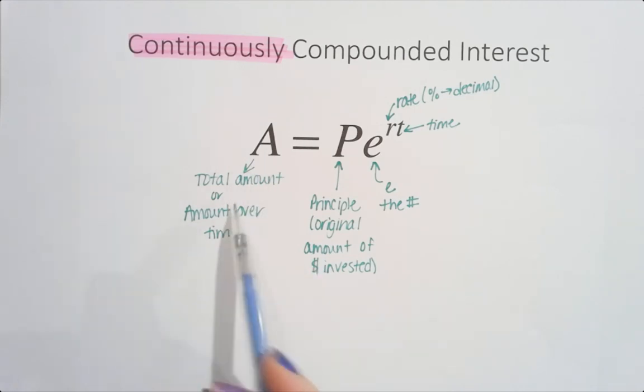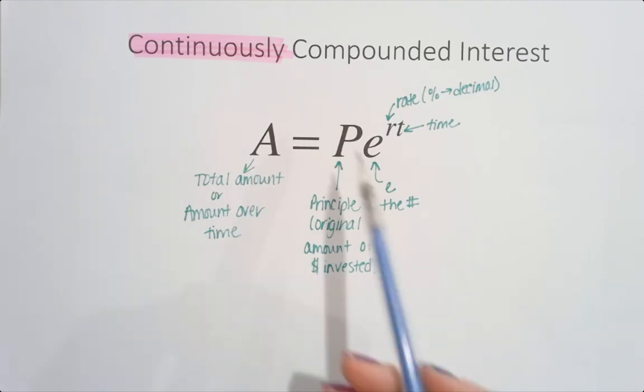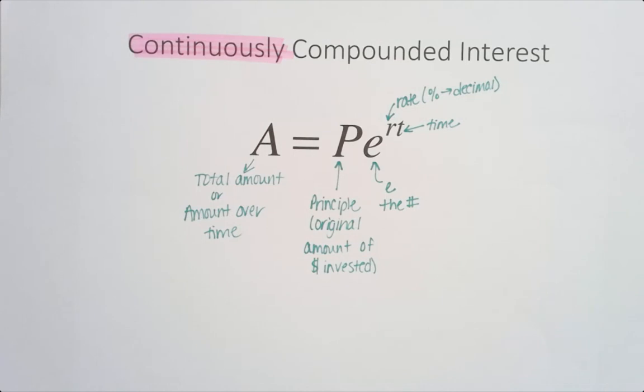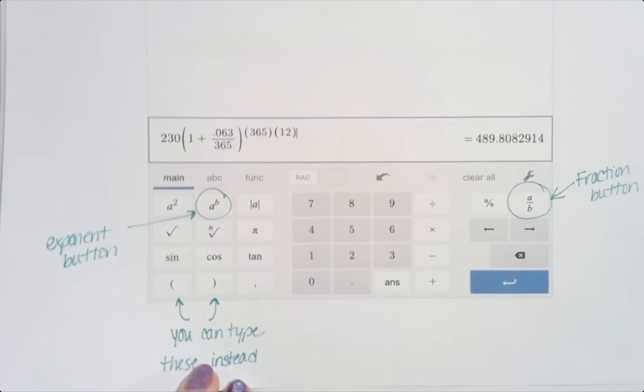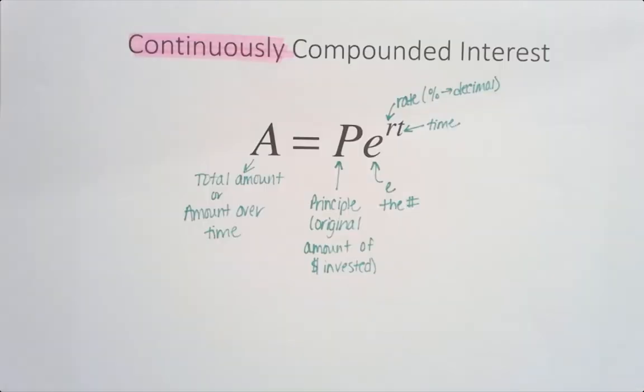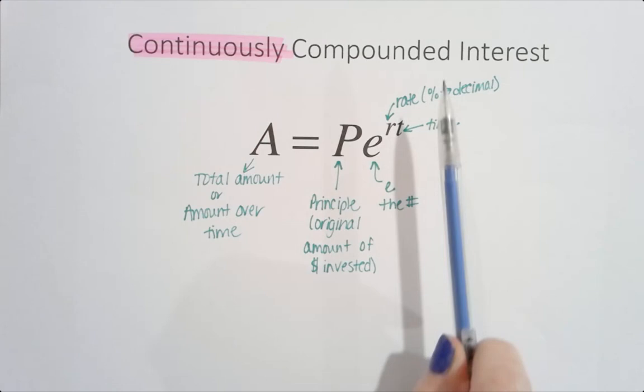Again, A is still standing for the same thing, your total amount. P is still standing for the same thing, it's principal, the amount of money that you originally invest. E, this is a button on your calculator, okay? If you type in the letter E on your keyboard into Desmos, if you're using this calculator, it will show up as the number. It is smart enough to recognize that. R is still your rate. It's given to you as a percent.